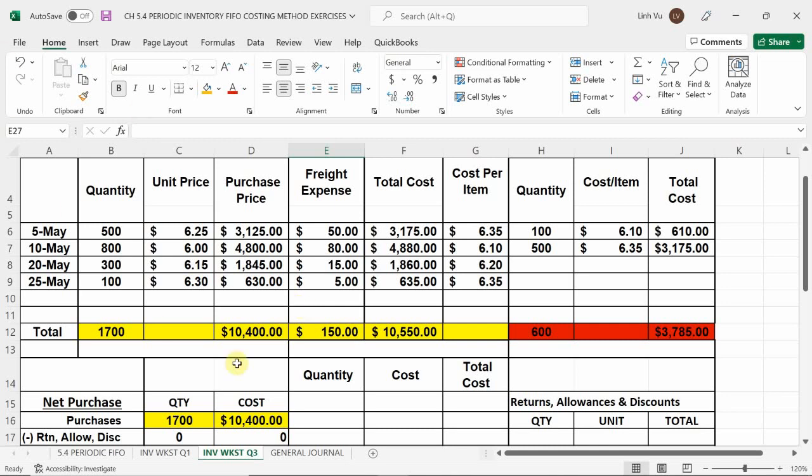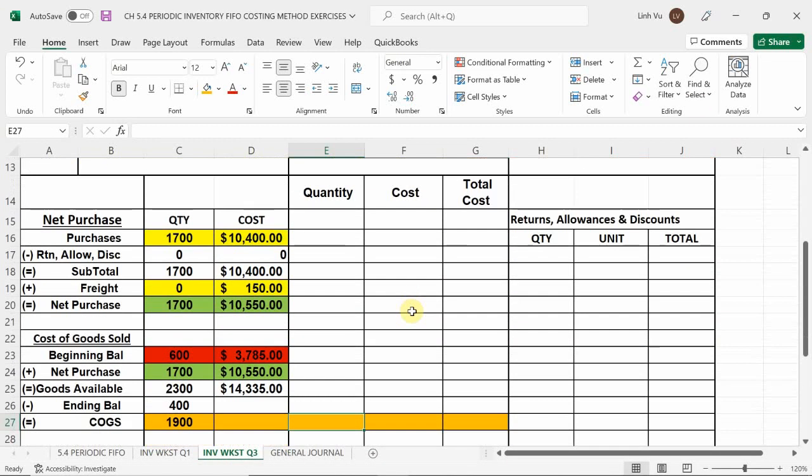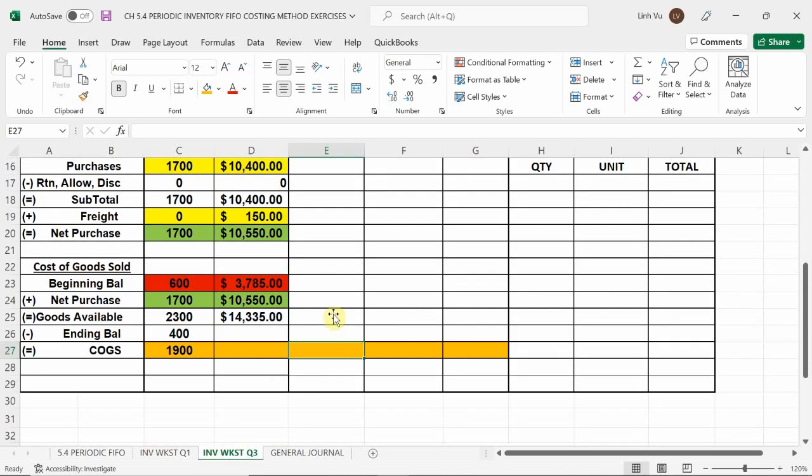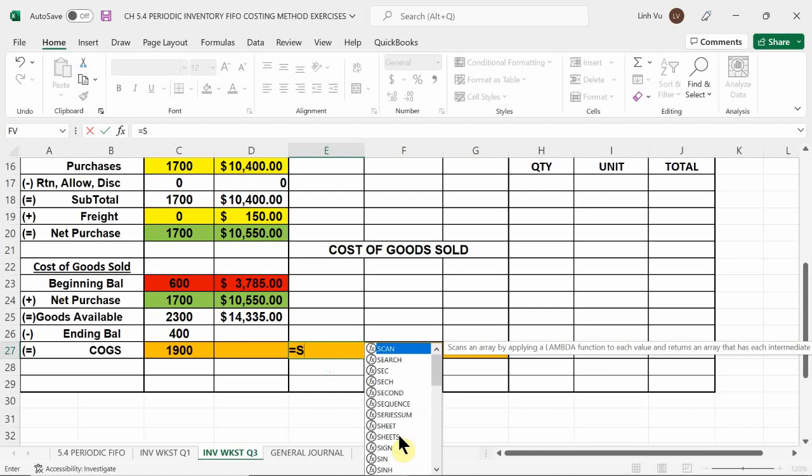So in this case, you actually have a total available of 6 batches of inventory. Okay? And of course, ending balance, we're going to have to figure out. So in this case, I'm just going to go ahead and do 1, 2, 3, 4, 5. And I'm going to go ahead and create my table here. And I'm going to call this my cost of goods sold. And of course, I'm going to have my running balance, which is my equal sum formula.